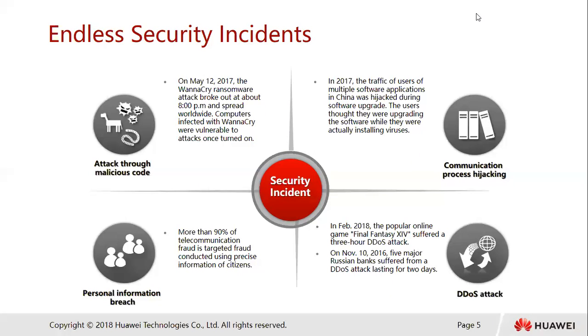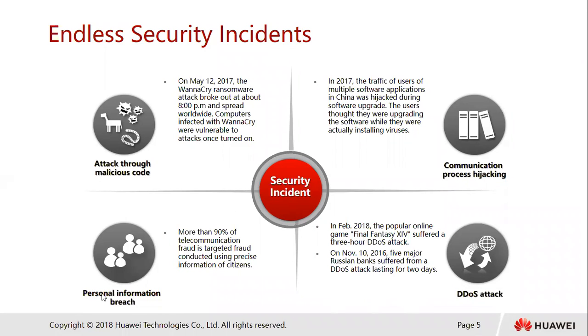Okay, and then we have communication process hijacking. So this happened in China in 2017 when people were upgrading. Now, in the process, the hackers hijacked the software upgrade. So instead of installing the software, people were installing the viruses. Okay.